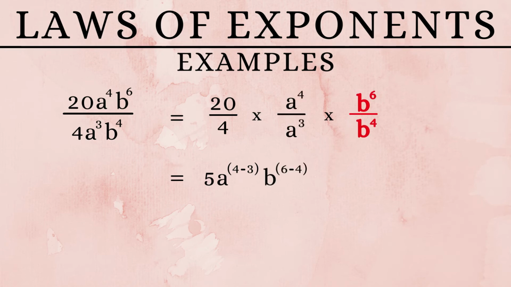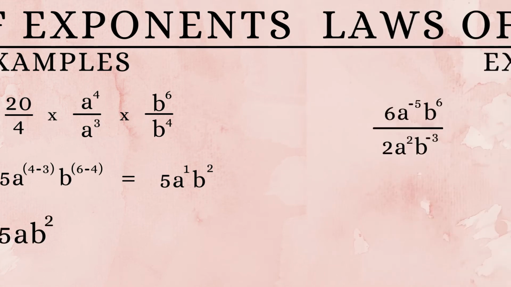And b to the power of 6 by b to the power of 4 becomes b to the power of 6 minus 4. That simplifies to 5a to the power of 1 b to the power of 2, which is simply 5ab square.